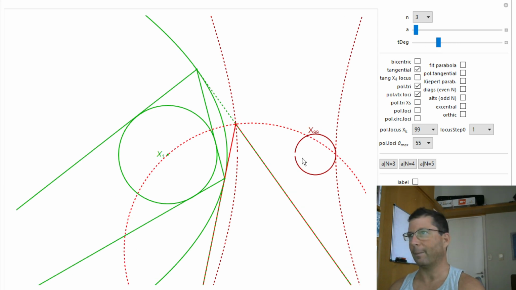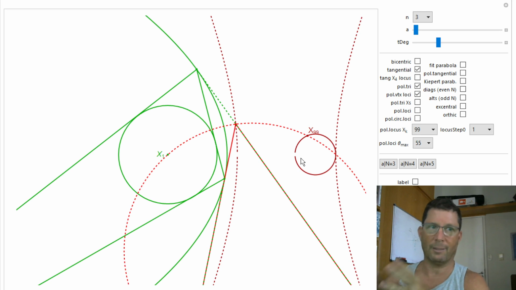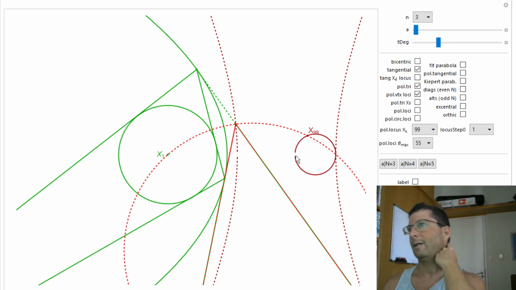You get this little gap here because I'm avoiding certain regions where the original triangle becomes unbounded. But the circle actually closes and it's bounded. Maybe it's not defined at a particular location, but it's a circle, minus a point, maybe. So X99, the Steiner point, is a circle.